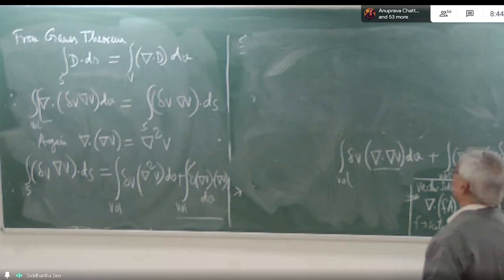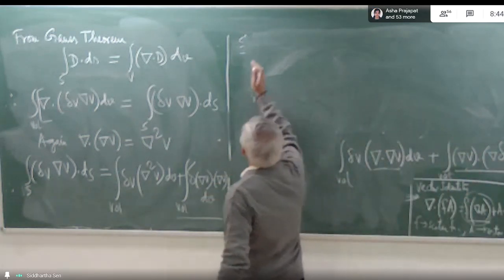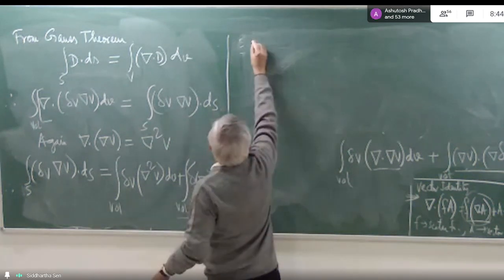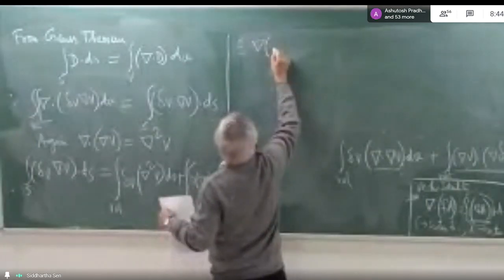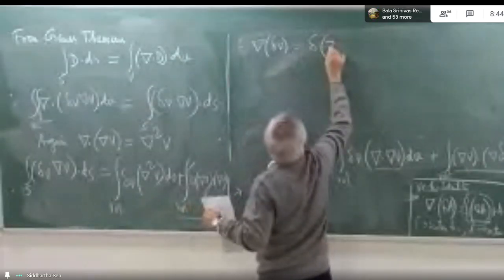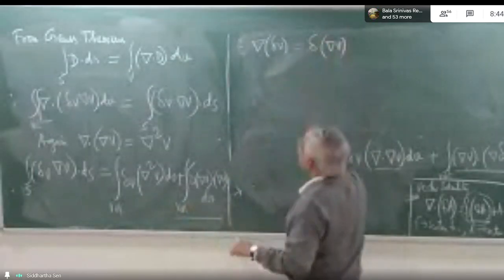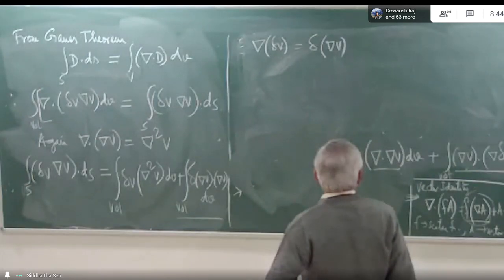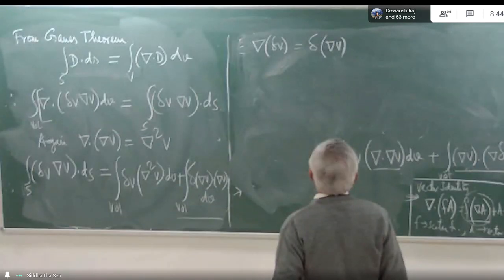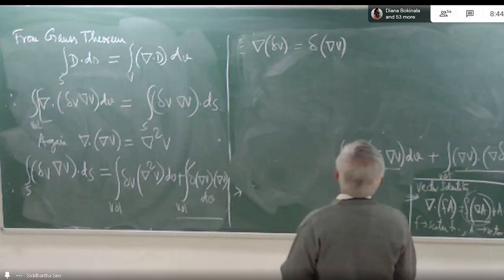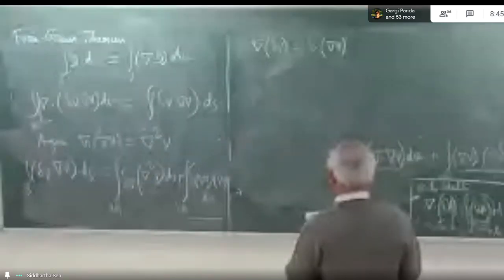We can justify this simplification in this way: what we wanted to show is that nabla of delta v is equal to delta of nabla v. That is, we wanted to simplify like this.